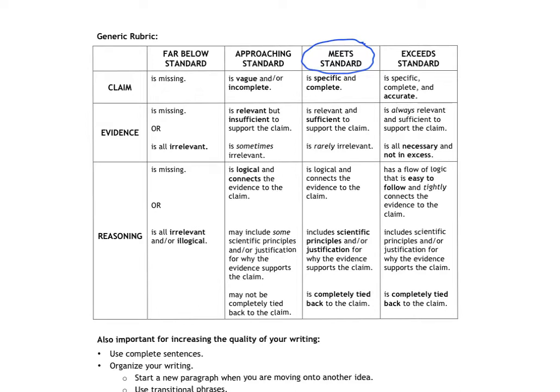The importance with the claim is that it should be specific and complete. Actually, it should also be accurate. The evidence should be relevant and sufficient to support the claim.